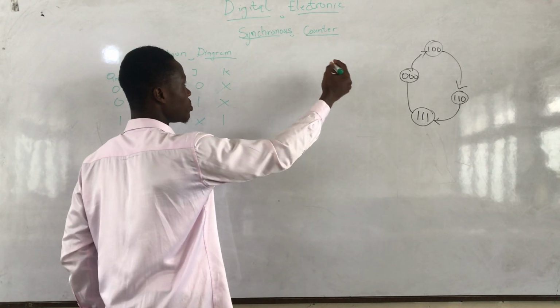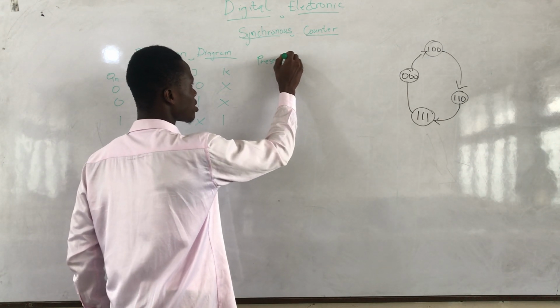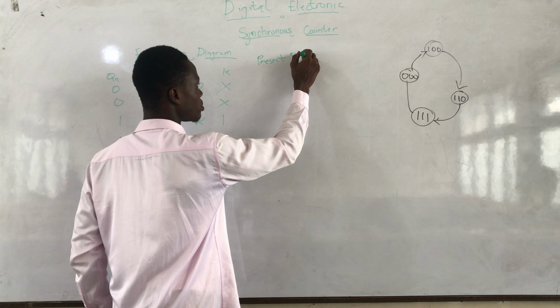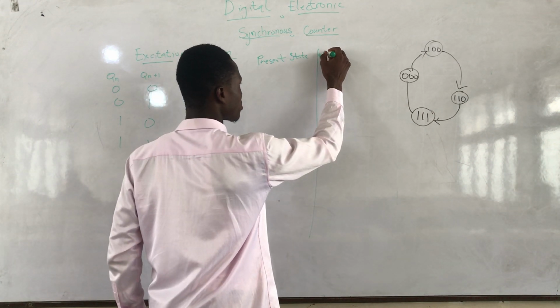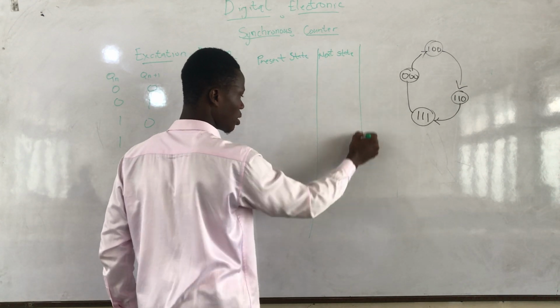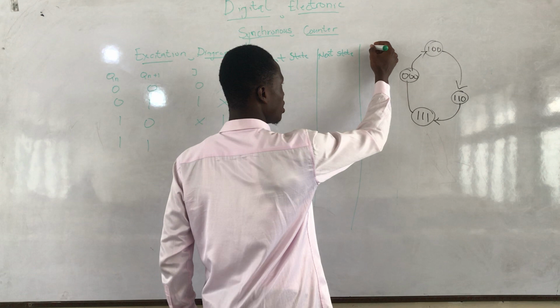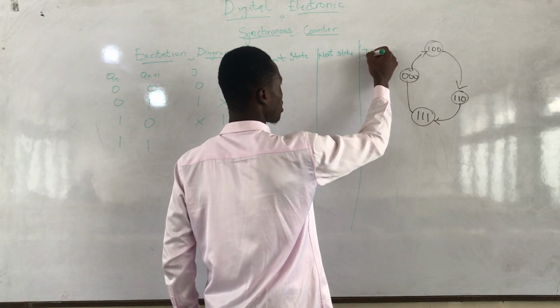We are having our present state and our next state. And this stage is JK. So J not, K not.